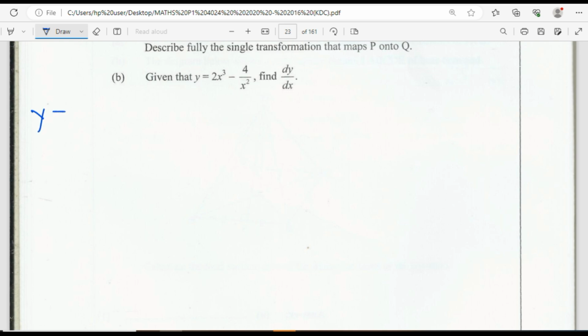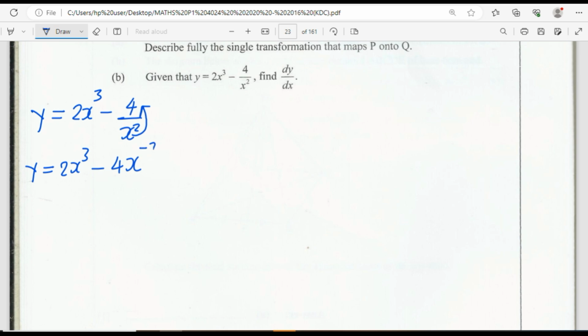So it's y is equal to 2x raised to the power 3 minus 4 over x squared. So before you differentiate, if you have a variable on the denominator part, you need to bring it to the top. So this will be y is equal to 2x to the power 3 minus 4x.